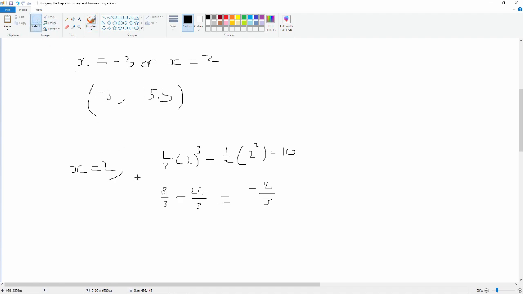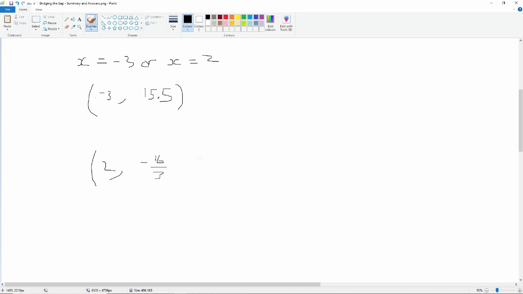Okay. So our answers are: the slope is exactly 0 at negative 3 comma 15.5 and 2 comma negative 16 over 3.